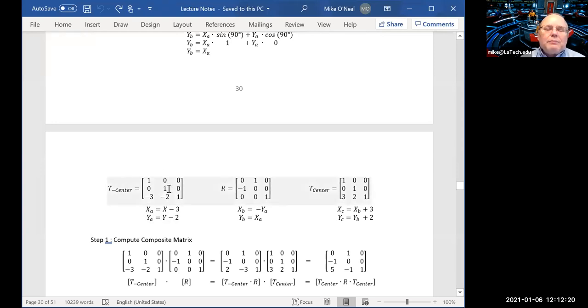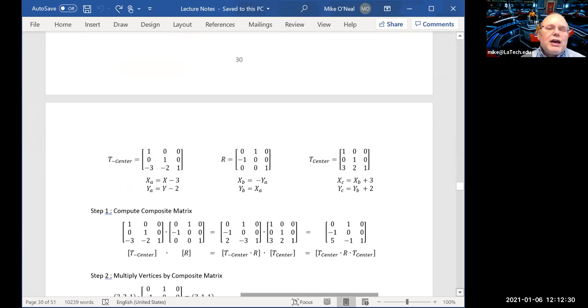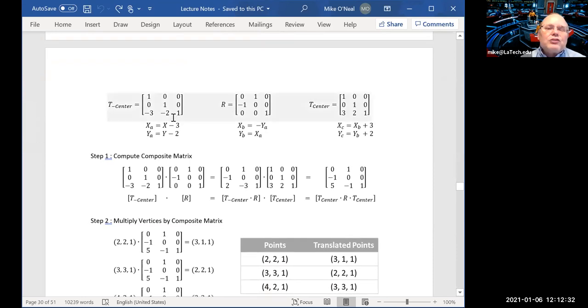One of the nice things about matrices that all have the same dimensionality, the same number of rows and columns, which these do, is you can multiply them together. So we can take the first matrix and the second matrix, and multiply them together to get a composite matrix that represents both the translation to the origin and the rotation.